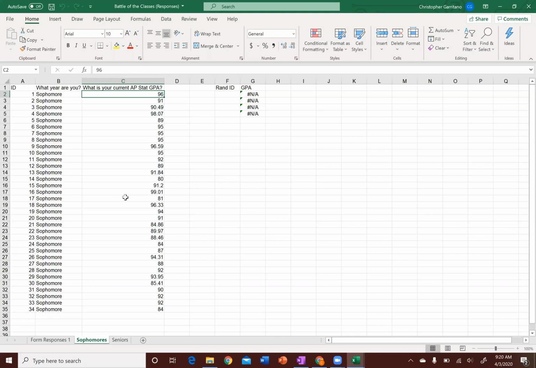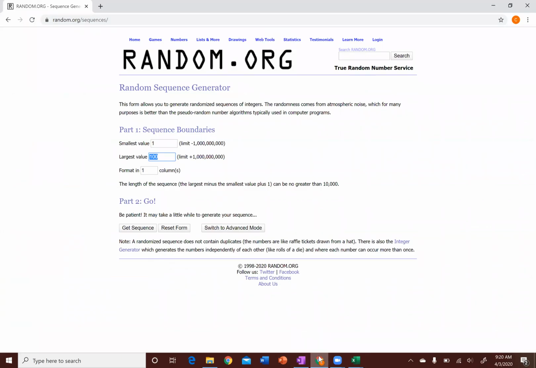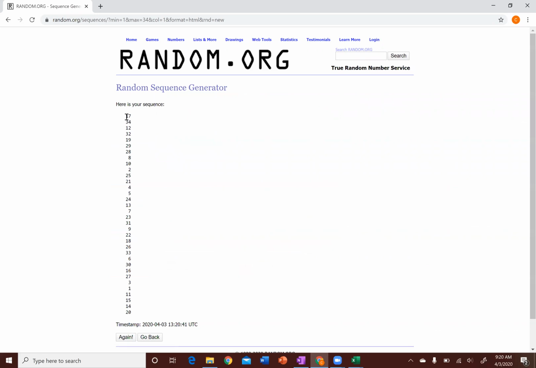Since the population is kind of small, only 34, I have to choose a small sample size in order for the conditions to be met or close to met. So I'm only going to choose 4 random sophomores. All right, so let's get those 4 random numbers. Again, there are 34 sophomores, and let me get my random sequence. I'm going to choose the first 4 that come up.